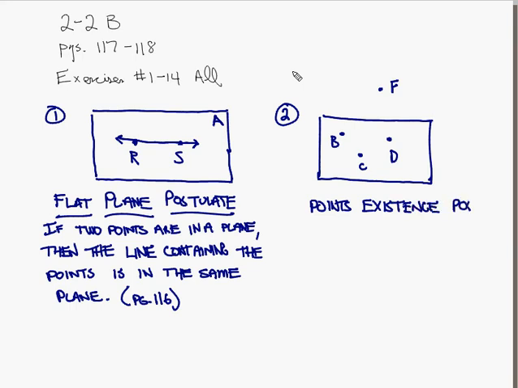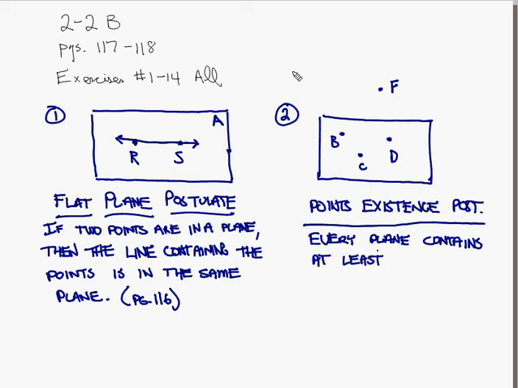Points existence postulate, which states that space contains at least 4 non-coplanar points, and every plane contains at least 3 non-collinear points. Non-collinear means points that aren't in a straight line.